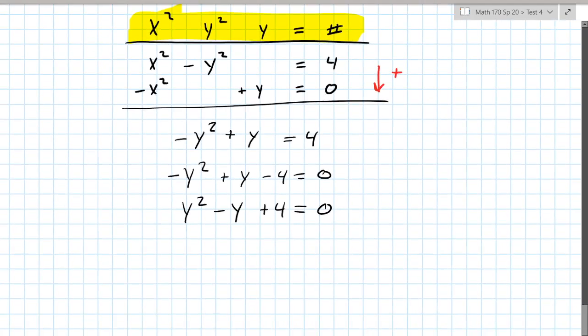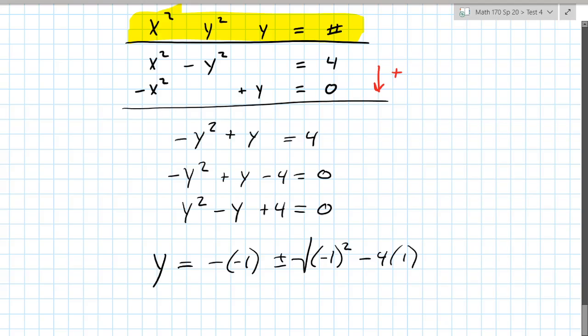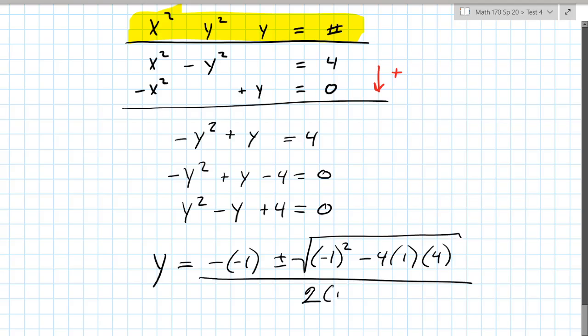So let's do our quadratic thing. Negative b plus or minus the square root of b squared minus 4ac, all over 2a.